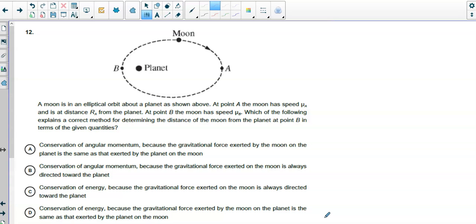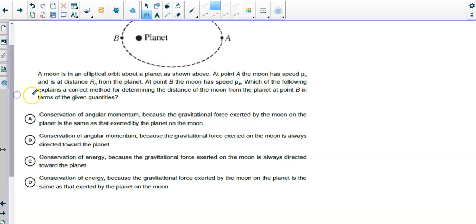Which of the following explains a correct method for determining the distance of the moon from the planet at point B in terms of the given quantities? I'm not crazy about this question, but first of all, conservation of angular momentum has got to be true here. So I would lean towards an answer that goes with conservation of angular momentum.